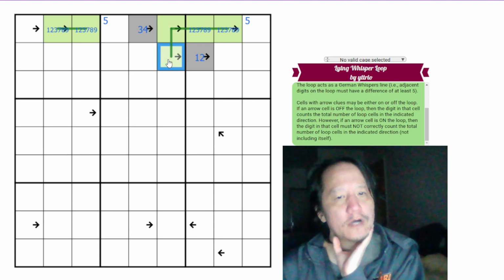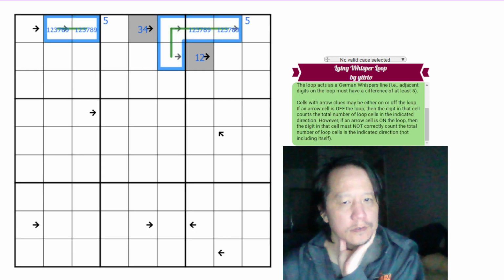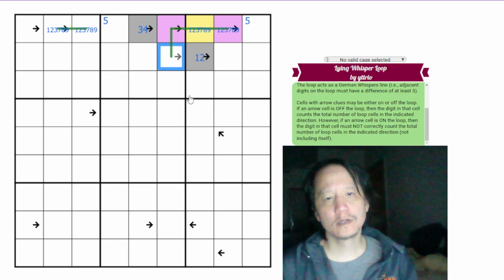Say this was low, high, low, high, low, high. Okay, so say we made this pink, yellow, pink, yellow, pink, yellow. Is that always the case?